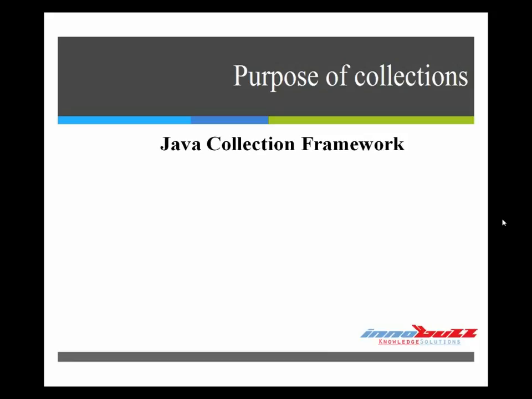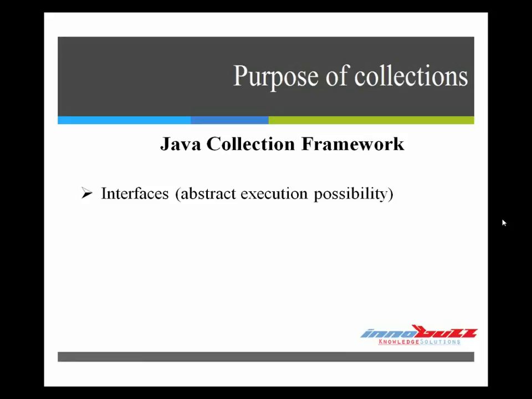So what do we have in our collection framework? We have interfaces. Interfaces are abstract data types that could represent the collections. Of course, we have to implement these interfaces if we want to use them, and this way we can form a hierarchy as well through the interfaces.